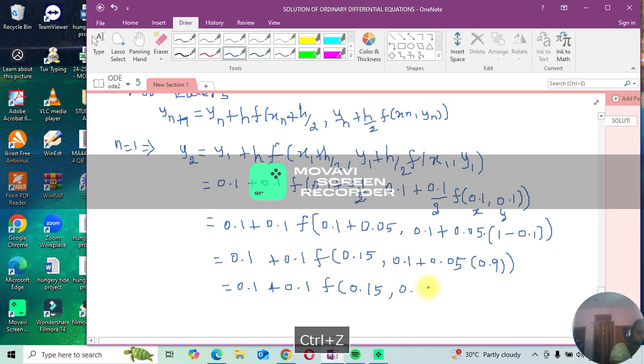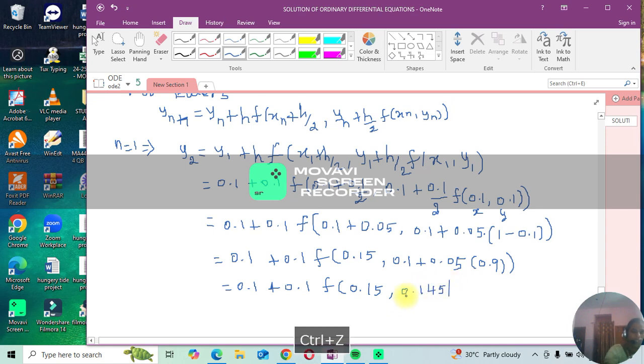Okay, we add these terms. First I am multiplying 0.05 and 0.9. So 0.05 into 0.9, I am getting 0.045, and I am adding this with 0.1. So that is 0.145. So we get 0.145.